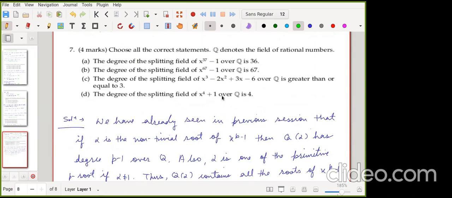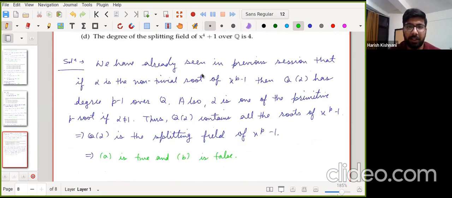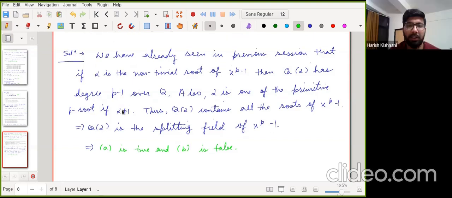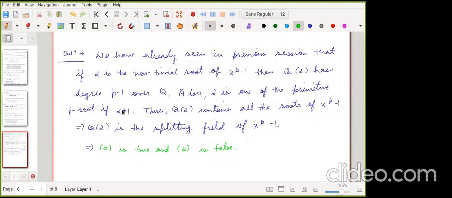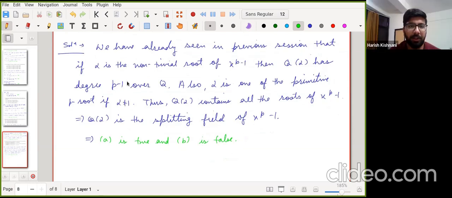That I will do. But I am just asking, we have seen in the last sessions that this polynomial has degree p minus 1 over Q using the Eisenstein criterion. I think you were not there in that lecture. Why does this polynomial have degree p minus 1 over Q?